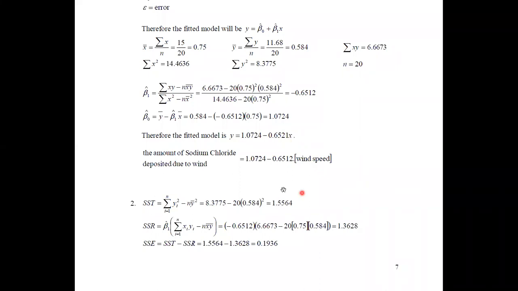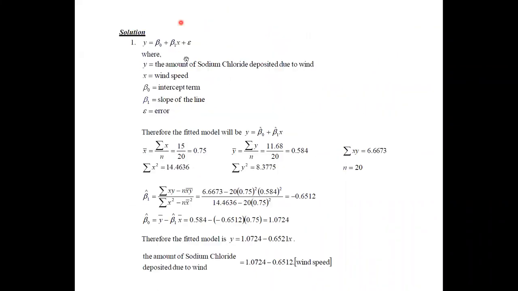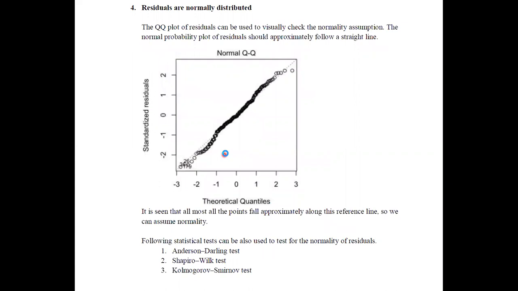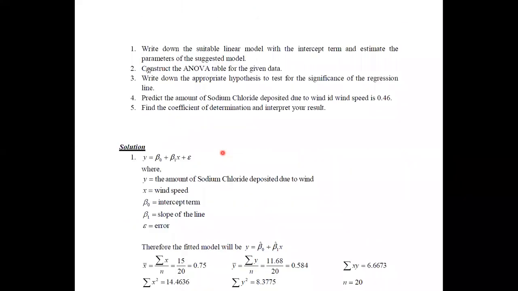Therefore, this would be the fitted model for the given data set. In the second part, they are asking to construct the ANOVA table for the given model, and in the third part, we need to identify the significance of the regression.